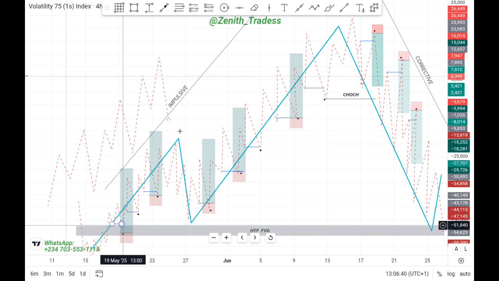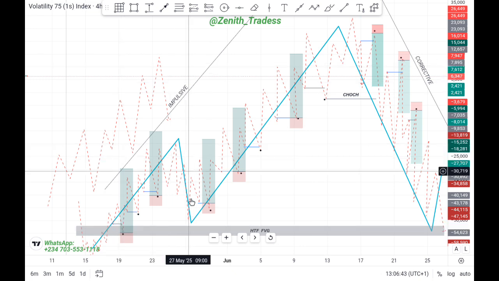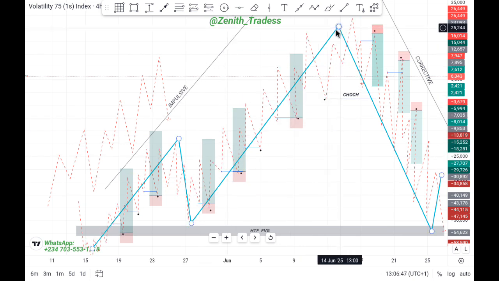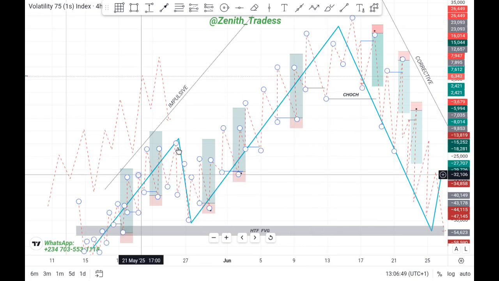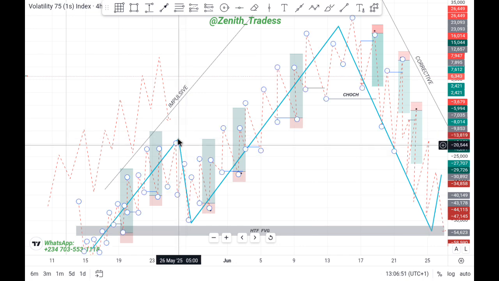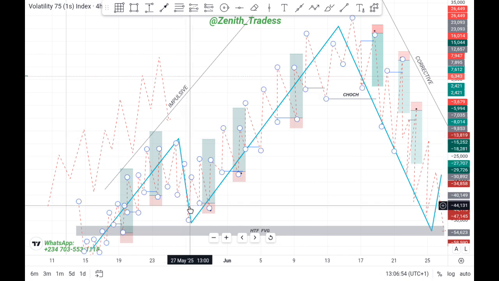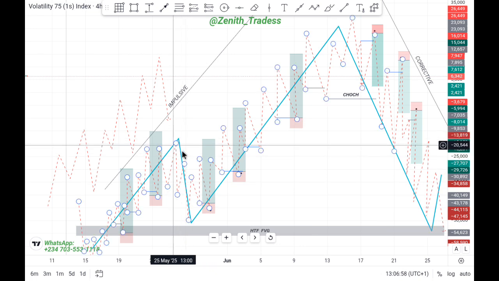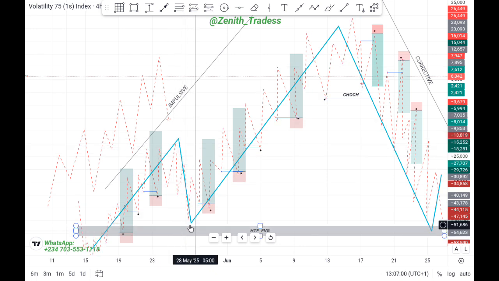But every impulsive move must have a minor high and low. It will create minor highs and lows before giving us the final major high. So here, the 4H shifted bearish a little to facilitate the pullback of this weekly trend.